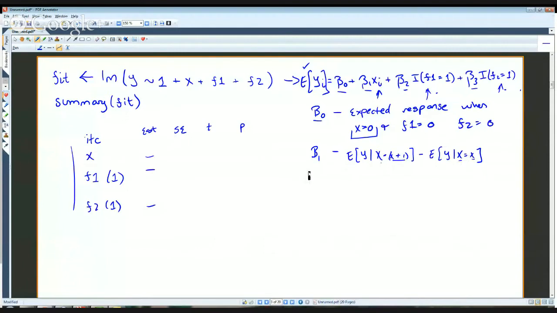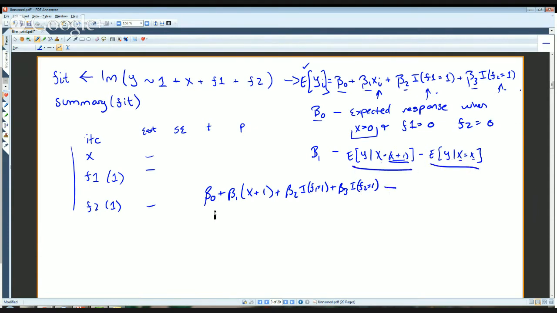Well, let's plug in. So that's going to be beta naught plus beta 1, and then now x is going to take the value x plus 1, plus beta 2, and I didn't tell you what f1 and f2 are, so I'm just going to leave that as indicator f1 equal to 1, plus beta 3 indicator f2 equal to 1. Okay, so that's this part. Now let's talk about that part.